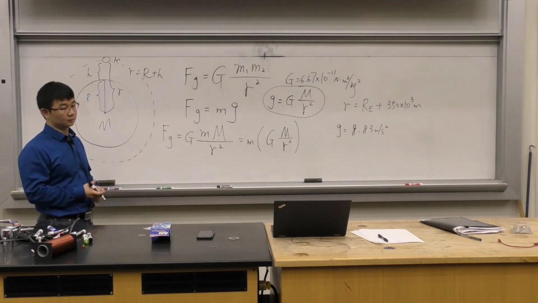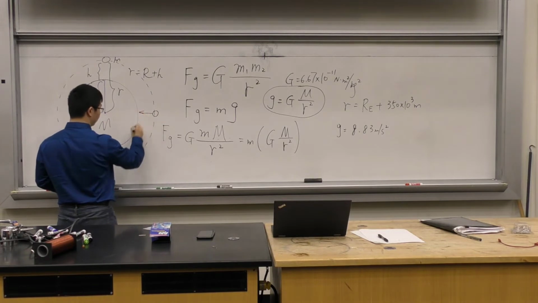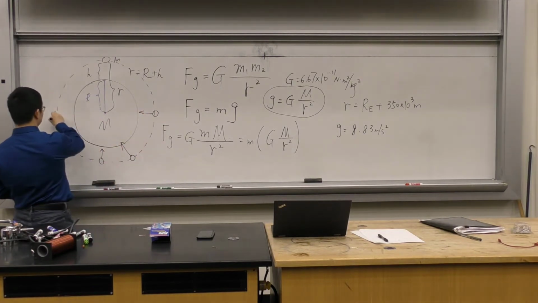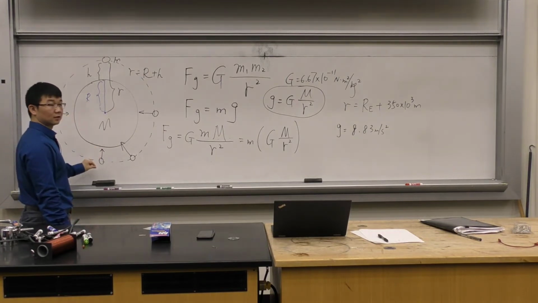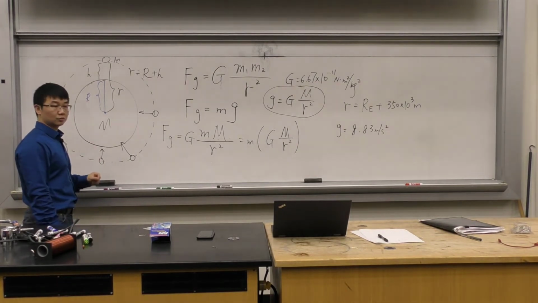Even for Earth, okay? So that means when this guy is at any point, there must be a force toward the center. And which force is the centripetal force in this case? The gravity from the Earth on the satellite, right? So in this case, gravity is the centripetal force.